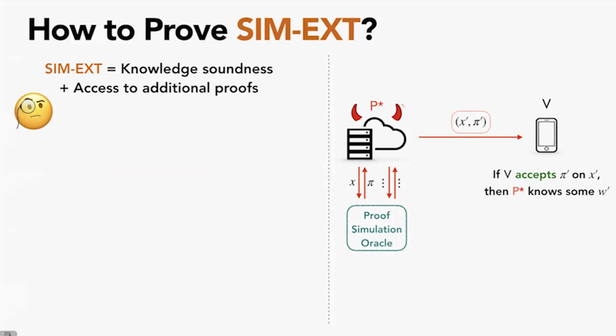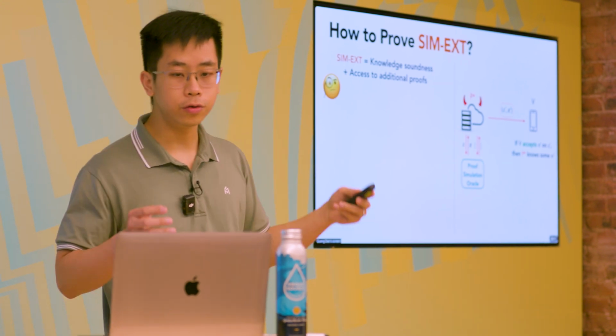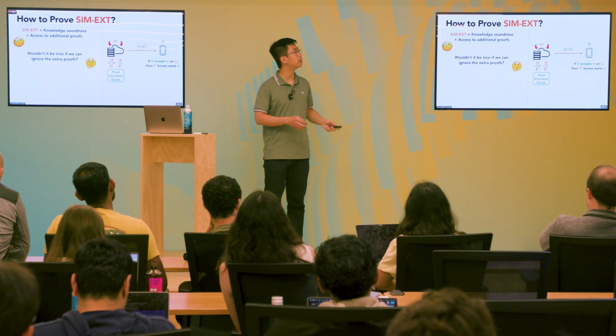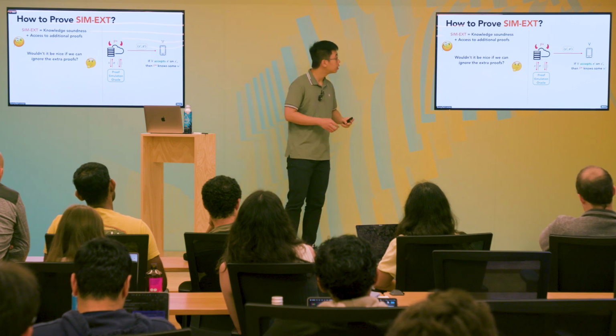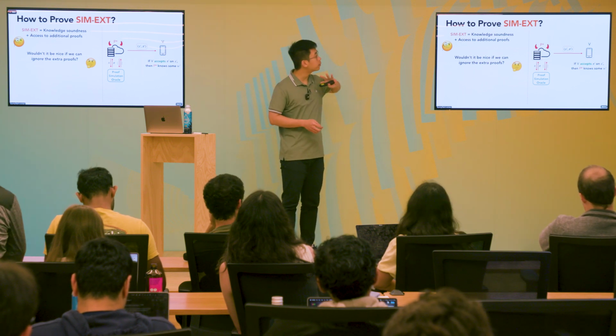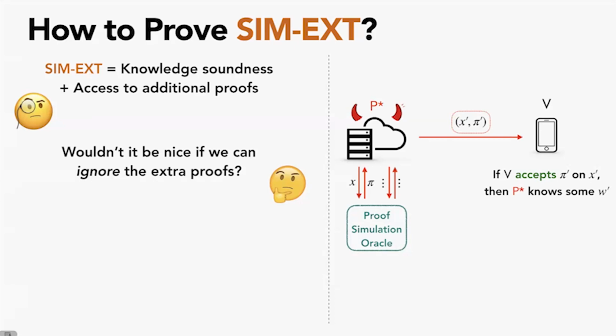It has the power to access some additional proofs of its choice. It would be most natural to reduce it to just knowledge soundness. Well, that is basically what is happening. It would be very nice if somehow we could just ignore all the extra proofs that it sees, and say that these extra proofs do not help the adversary in any way towards crafting a new proof.